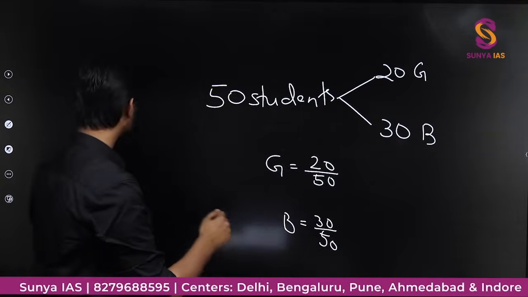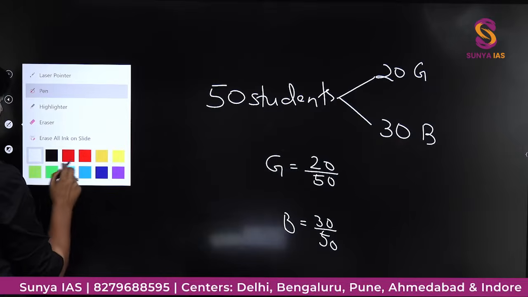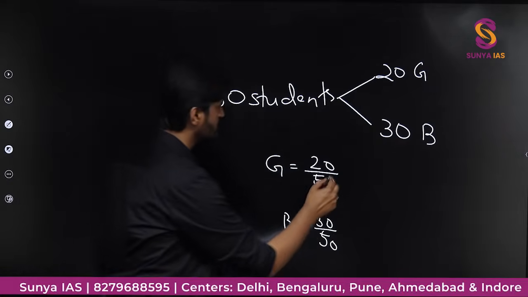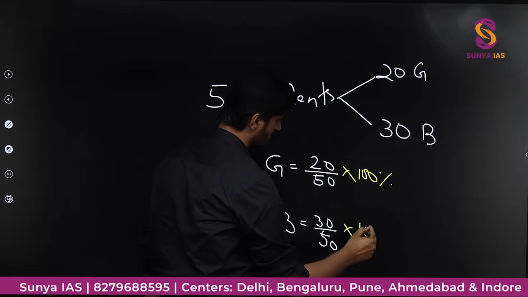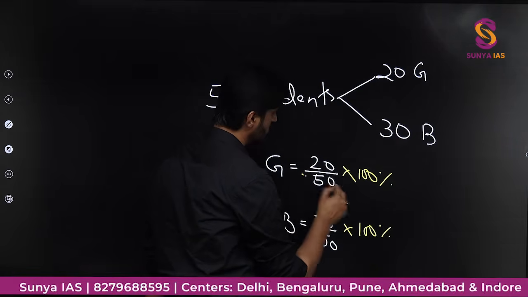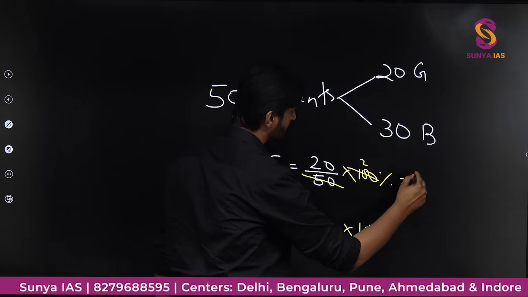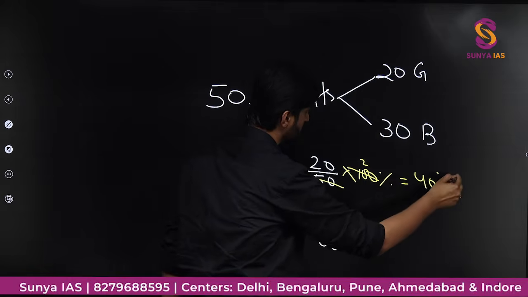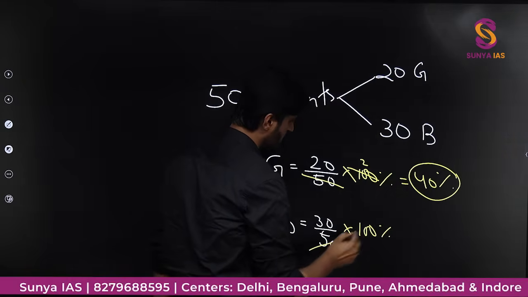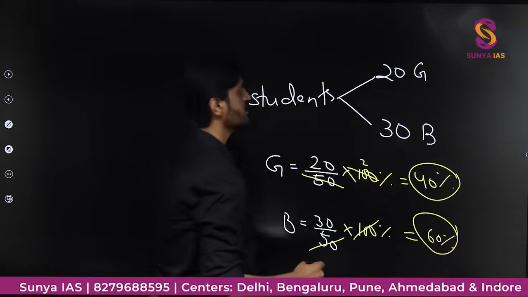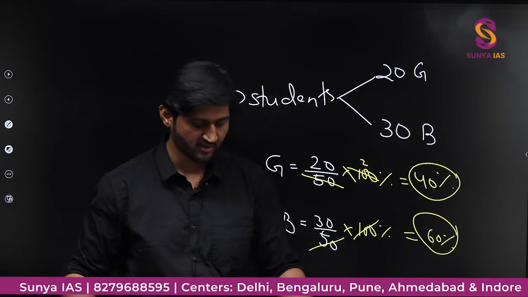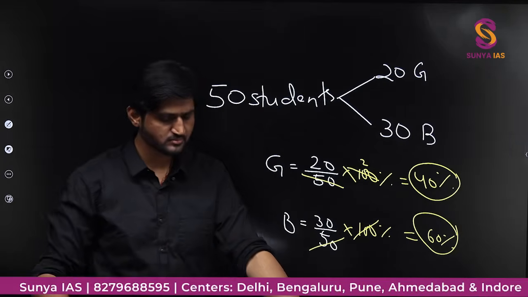If you want to represent this in terms of a percent, you just multiply this figure by 100. After all cancellations, you will get girls as 40% and boys as 60% in the classroom. So that is the basic idea of percentage, right?